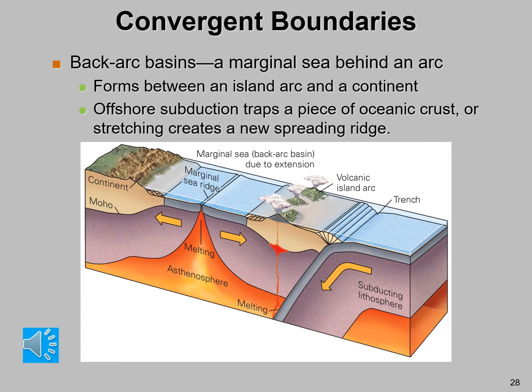Back arc basins: a marginal sea or back arc basin is a small ocean basin behind an island arc. It forms either where subduction begins offshore, trapping oceanic lithosphere behind the arc, or where stretching of the lithosphere behind the arc leads to the formation of a small spreading ridge behind the arc.